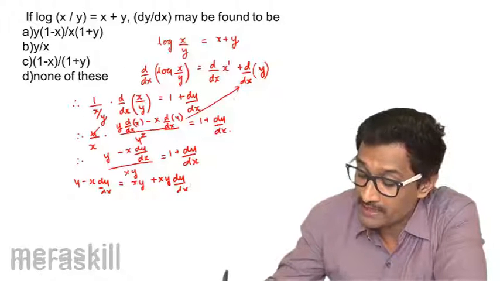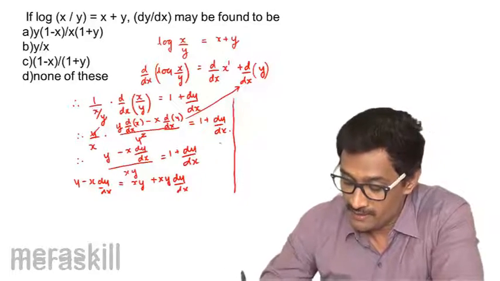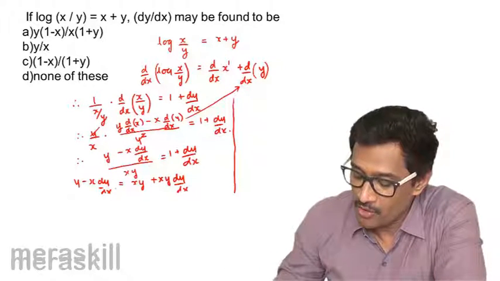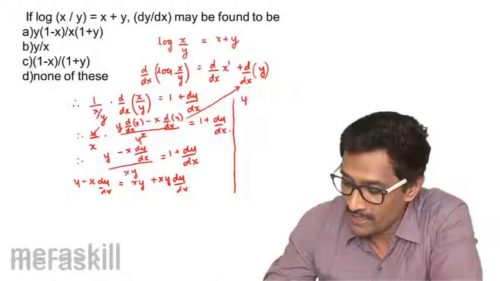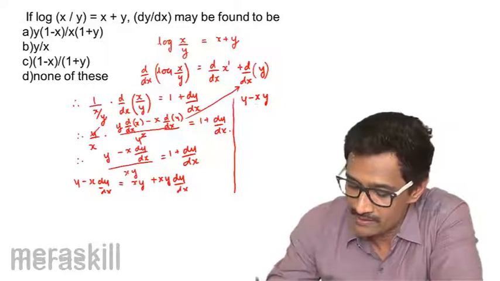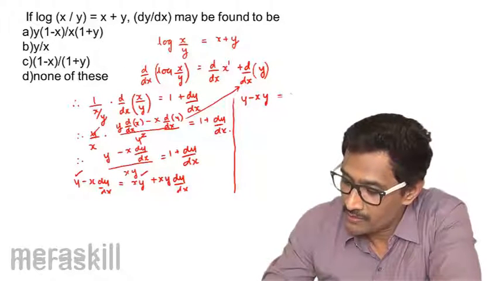Now we want to find dy by dx. In that case, this again is a kind of implicit function. We collect all the dy by dx terms together. So you end up getting y minus xy, that is, this one and this one taken together, is equal to dy by dx.